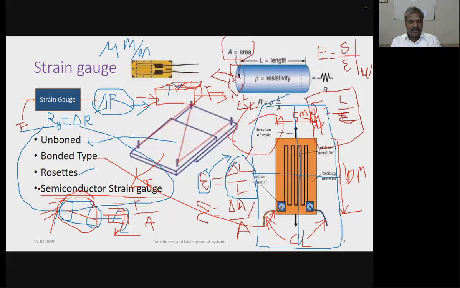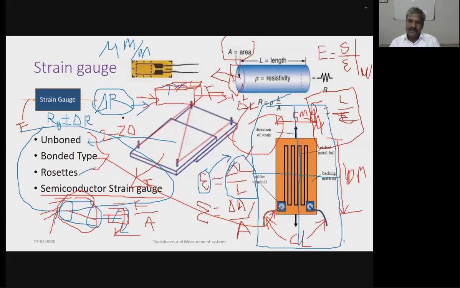Normally for bonded and unbonded type strain gauges, the gauge factor varies from 2 to a maximum of about 20 to 25. For most metals it lies between 2 and 10, some 1.5 to 10 maximum.